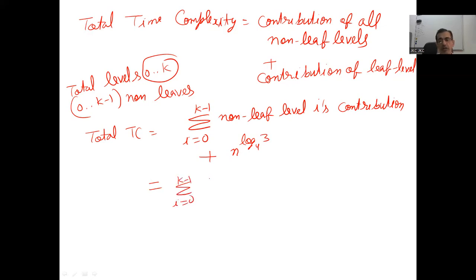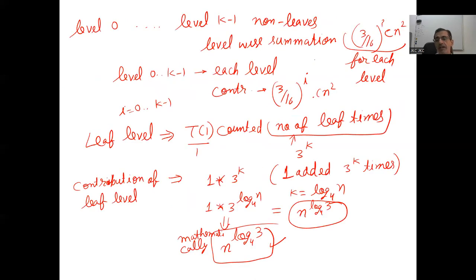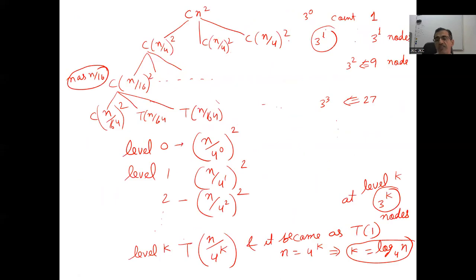We have already calculated this is nothing but 3 by 16 raised to i Cn square. How? We have just calculated this value of each level's contribution as 3 by 16 raised to i.